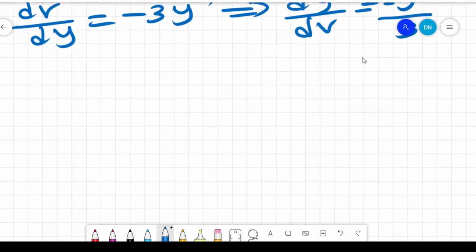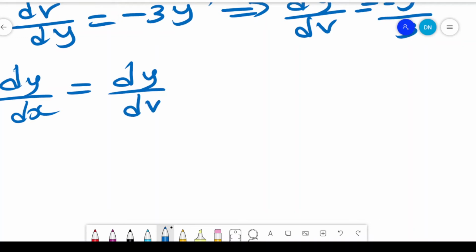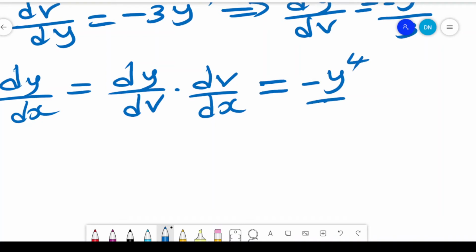Remember, my original equation is in dy/dx. So dy/dx = dy/dv times dv/dx. And since I now know my dy/dv, it gives me -y^4/3 times dv/dx.